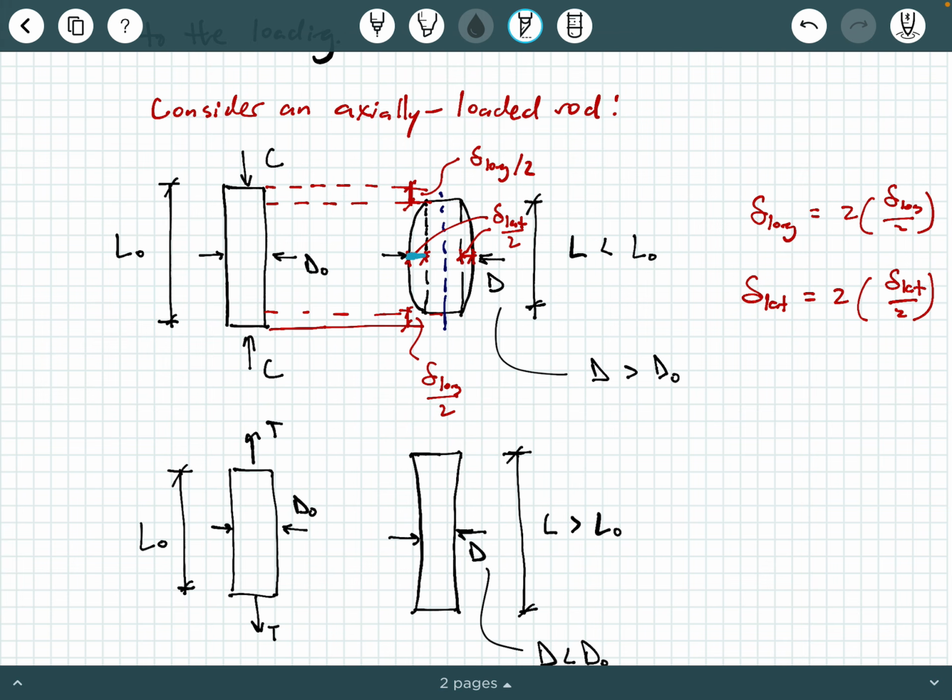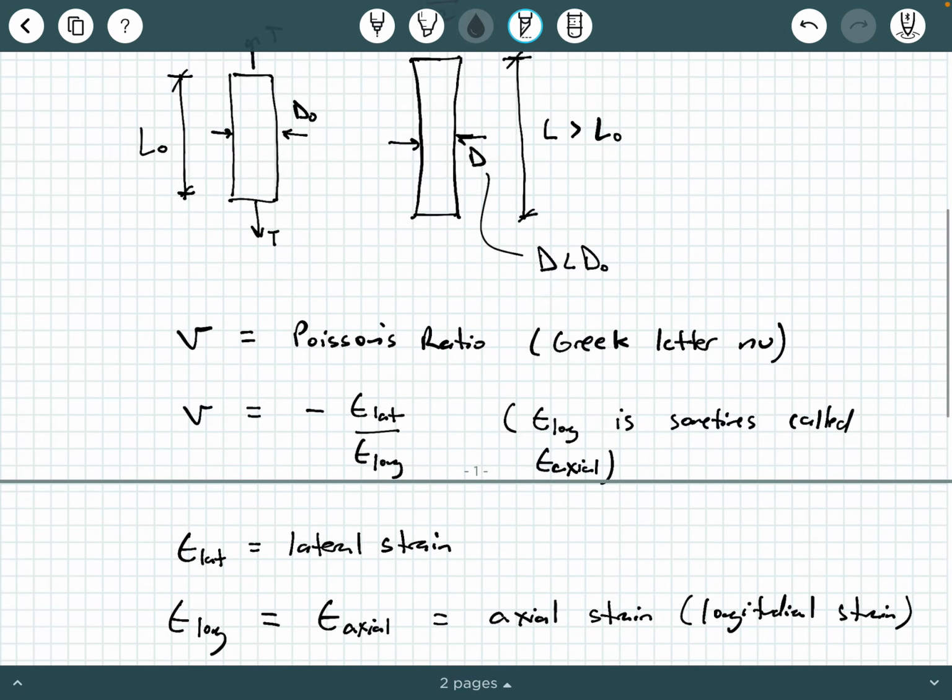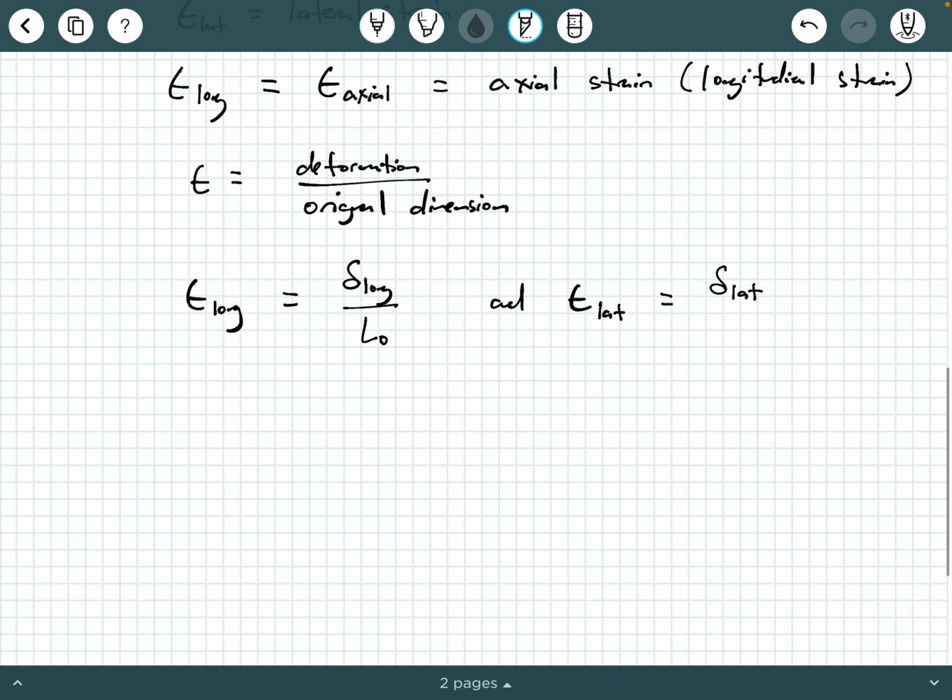Now in our original diagram that I drew here, I showed it as delta lateral over 2 on either side, and I showed it as delta longitudinal over 2 on either side. So if you're looking at delta lateral over 2, but on either side it becomes 2 times delta lat over 2, then you would express this as delta lat over the original diameter, okay?